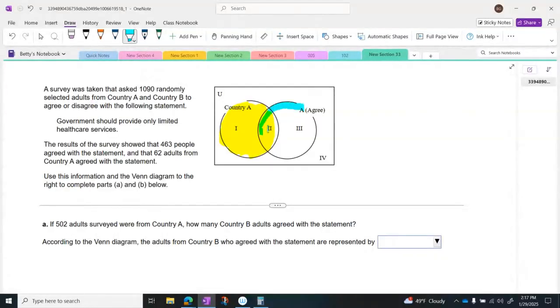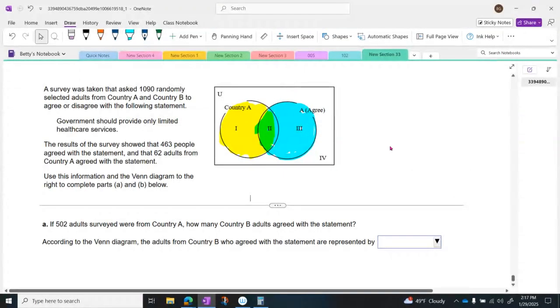People in the second circle on the right, they agree, as you can see, is labeled as agree, right? They agree with a statement. The content of the statement really doesn't matter for our problem. We only consider how many people agree or disagree, right? So the circle on the right includes people who agree with the statement.